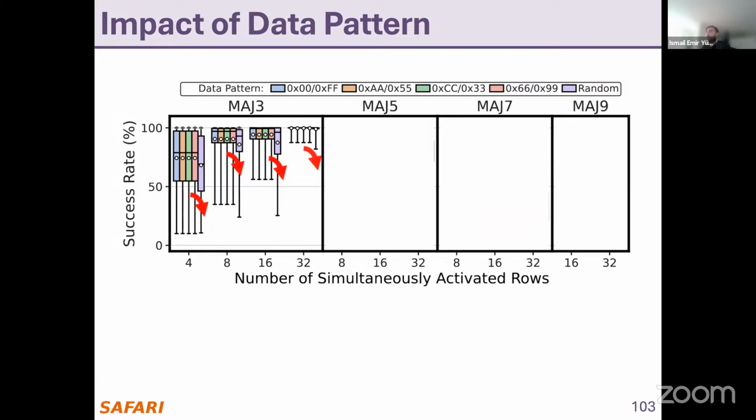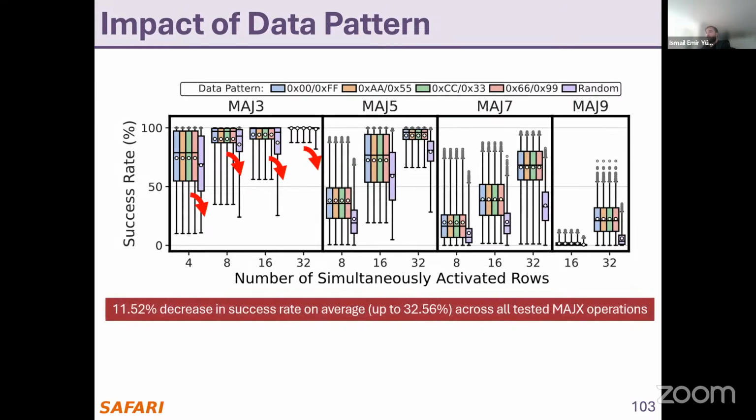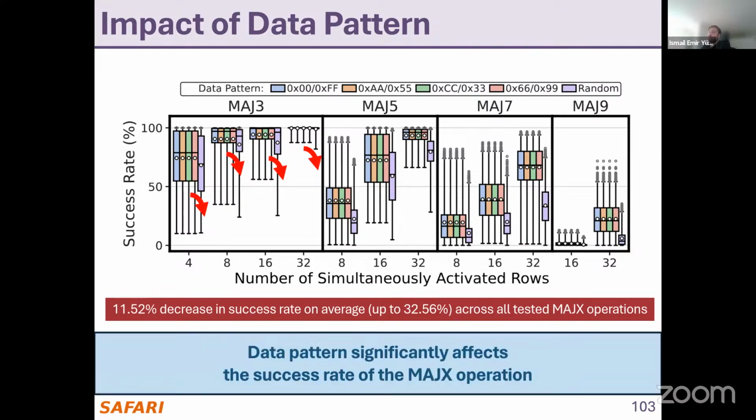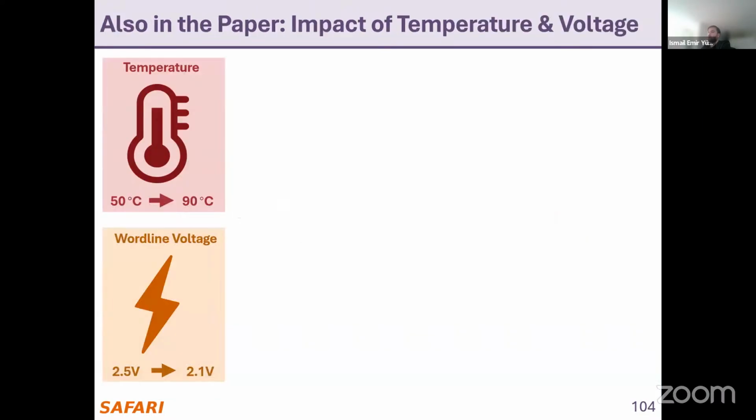Here we observe that when we use random, there is an interesting decrease. And this is also consistent across all measured operations. On average, there is an 11.52% decrease on success rate, and in some cases it's up to 32.56%. And we conclude that data pattern significantly affects the success rate of MAJX operation.